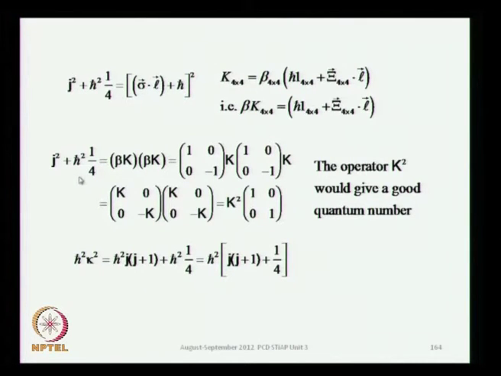The eigenvalues are j into j plus 1 times ħ square plus ħ square over 4, right, and that gives you the eigenvalue of k square, and we extract the dimensions in ħ square, so that kappa is the dimensionless number, and you get kappa square, which is defined by this relationship. Now you can strike out ħ square from the two sides, and you get kappa square equal to the whole square of j plus half.